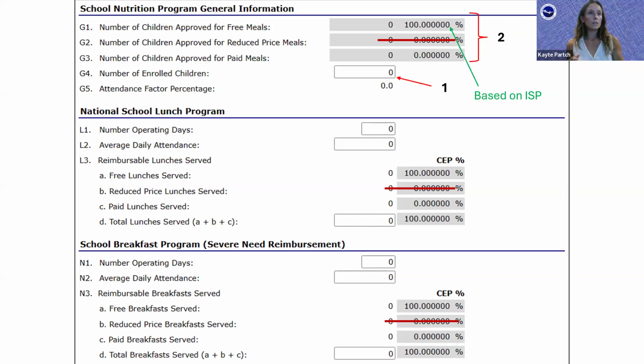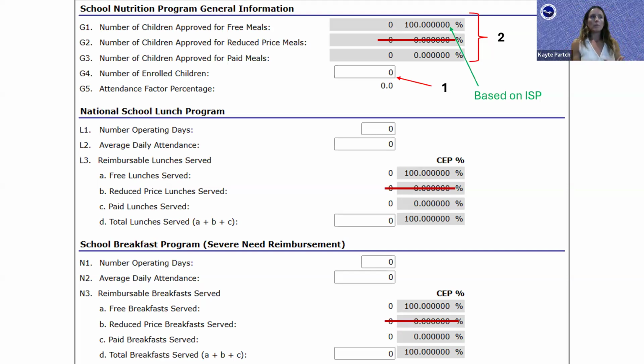And then the percentage associated with letter D for each lunch and breakfast section is going to, of course, be based on your ISP. And the percentages reported in letters A and C for both lunch and breakfast will change or adjust after you enter the total meals served.